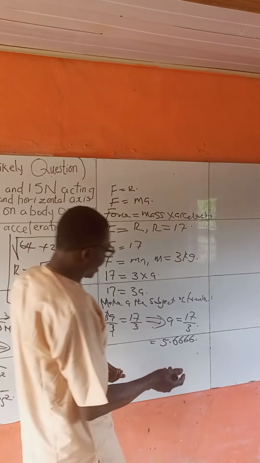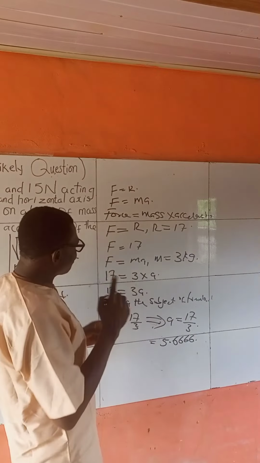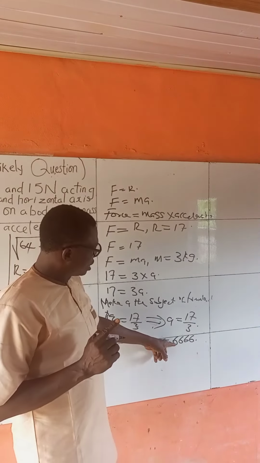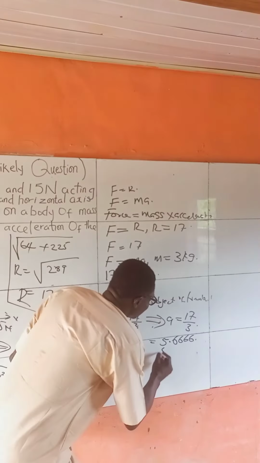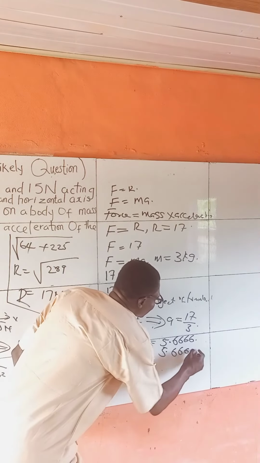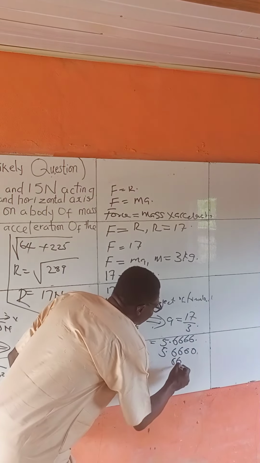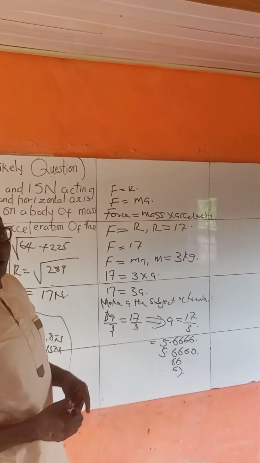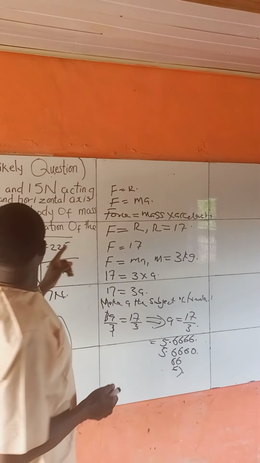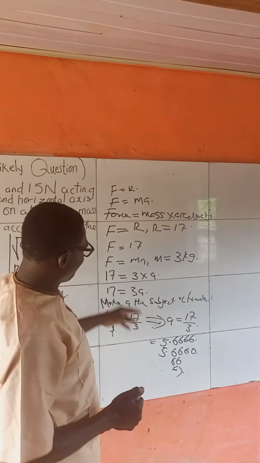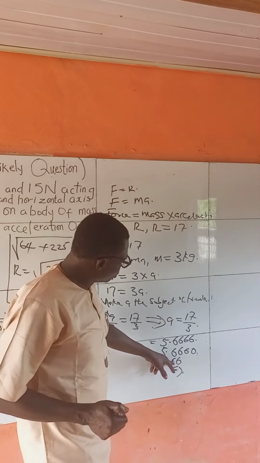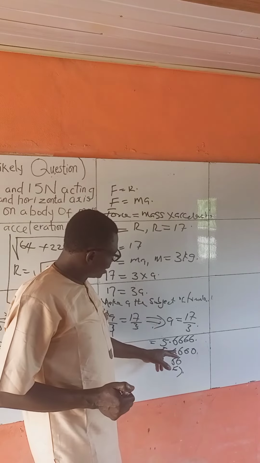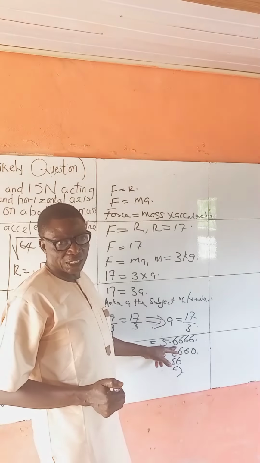Are you not going to leave it like this? If you have this one in an exam, they will always give you something like 5.6666, maybe 5.6, 5.67, and so on. Then we are talking of the force. Force has 2 decimal points. So at this point, you simply say this is 5.7.